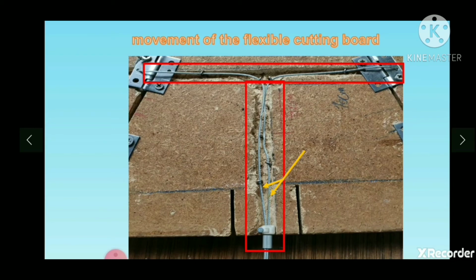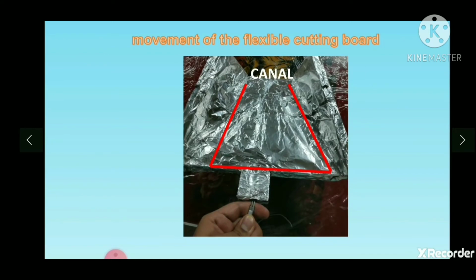Well, the steel cable is placed in two pieces to hold the two movable parts of the cutting board, and it will be fixed with the hinges represented in color red, so that when pulling the clamp of the steel cables, the cutting board can retract the mobile parts and form a type of canal.